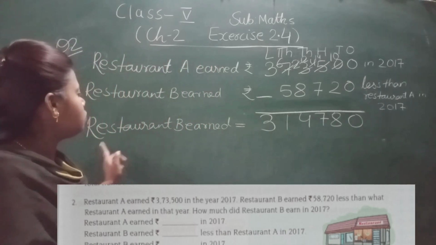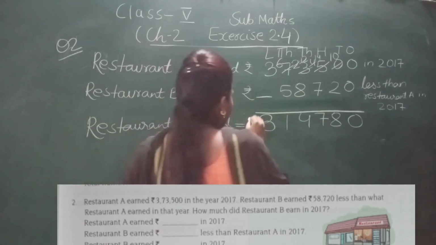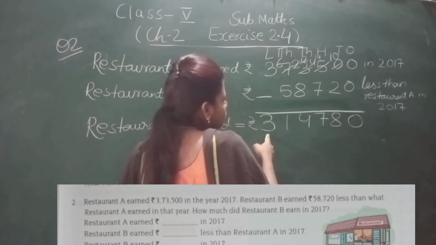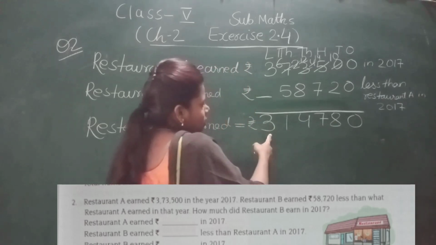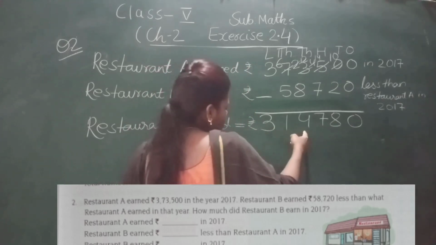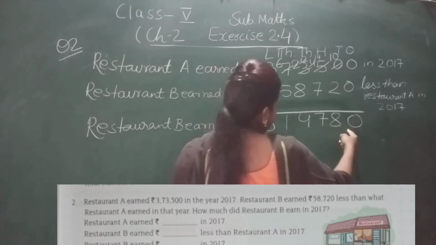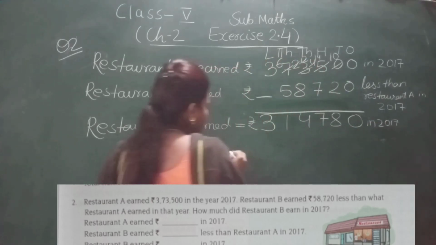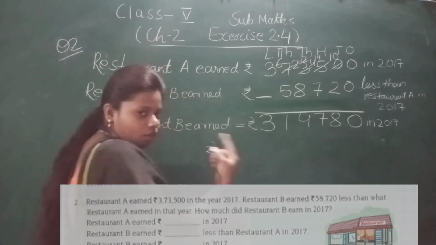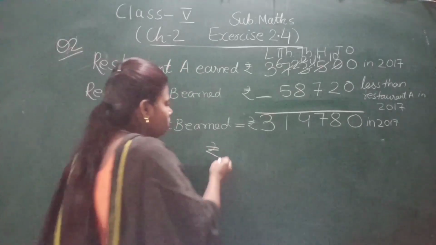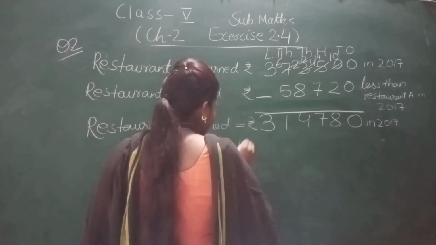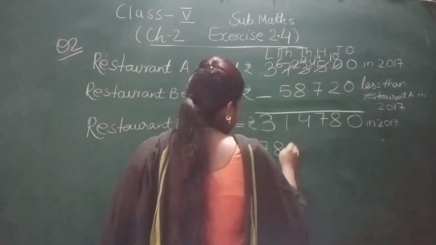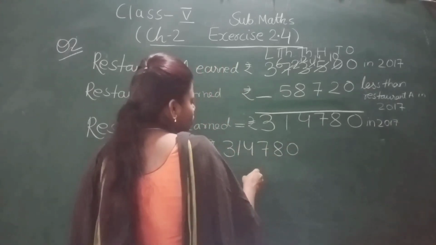Okay. So restaurant B earned rupees 3,14,780 in 2017. Let's write it with the comma so it will be easy for us to read. How to place the comma according to the Indian system?